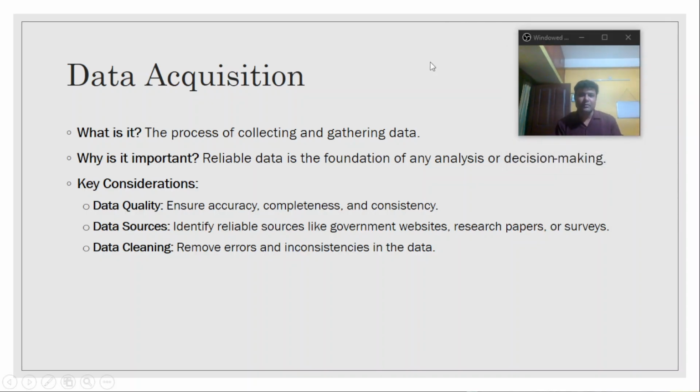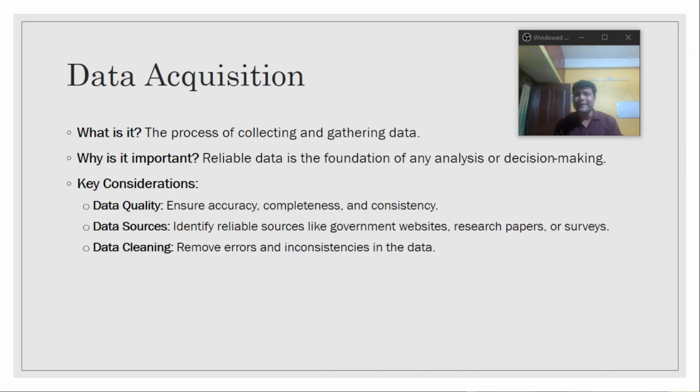First of all, what is data acquisition? Here is an at-a-glance concept regarding data acquisition in one slide. What is it?